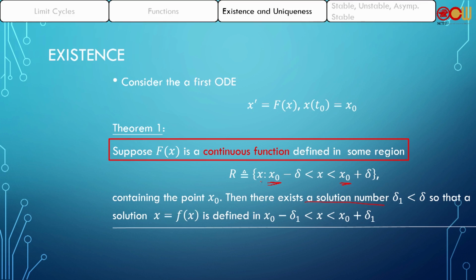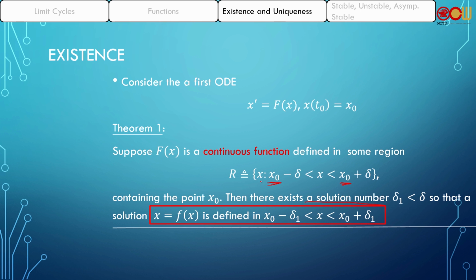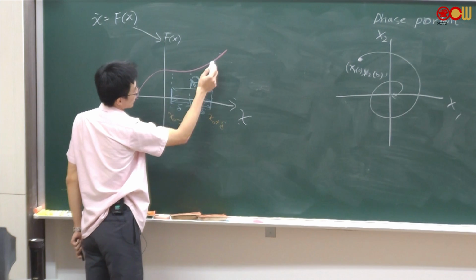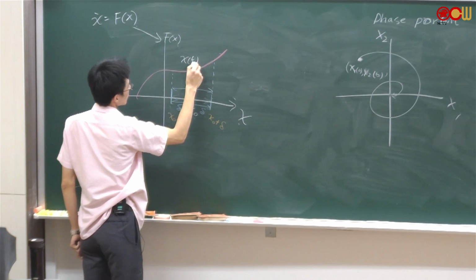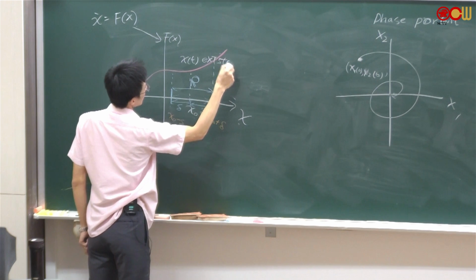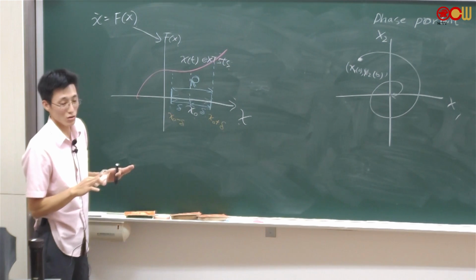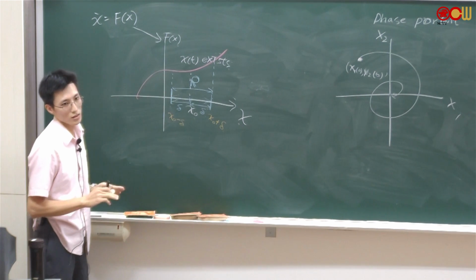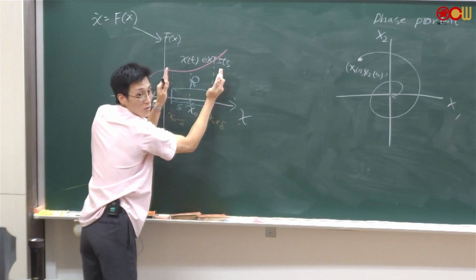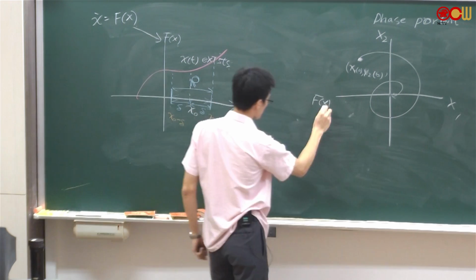If this function is continuous in R, everywhere here is continuous, no jump, then there exists a solution defined in this region. Maybe we don't know the solution because it's a nonlinear ODE, but we know a solution exists, only in this region because it's only continuous in this region.